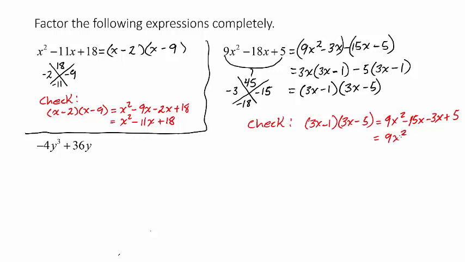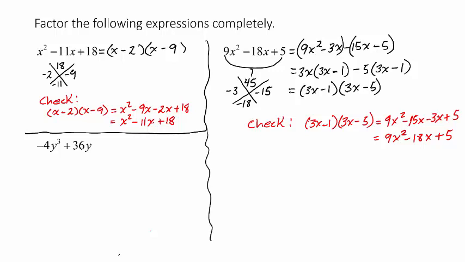So 9x squared, minus 15x minus 3x is minus 18x, plus 5. Okay, now 9x squared minus 18x plus 5, is that what we originally started with? Yes, it is. Very good.